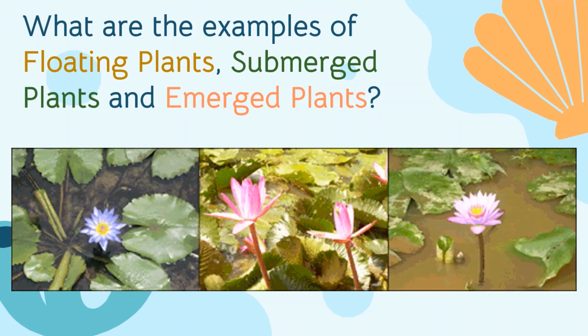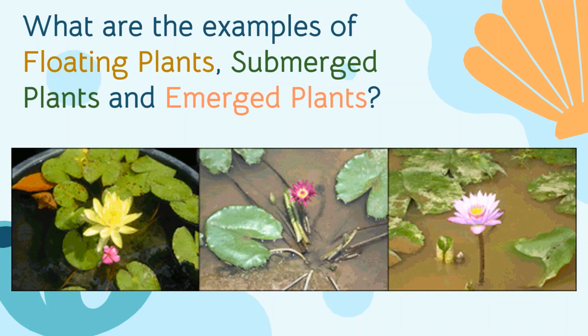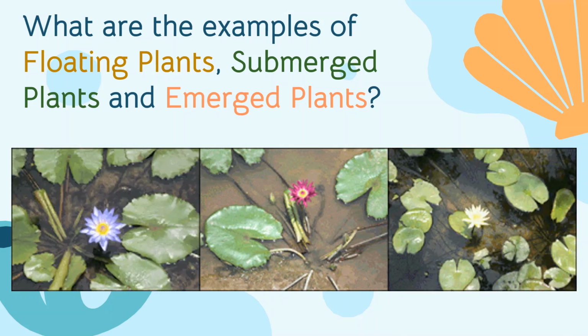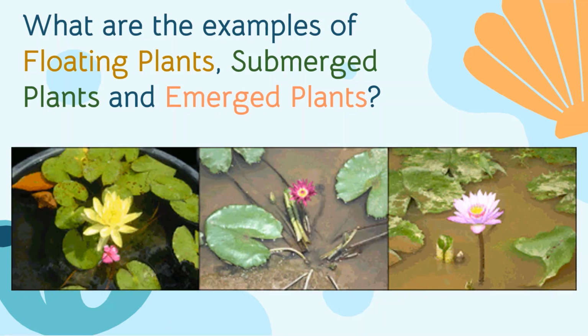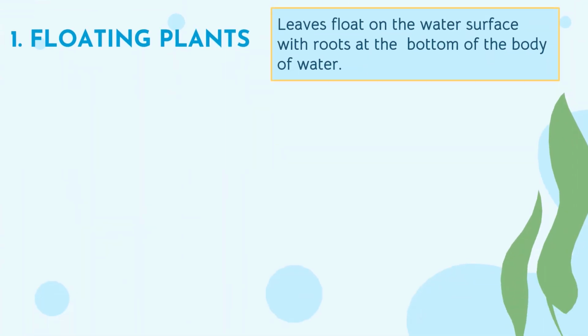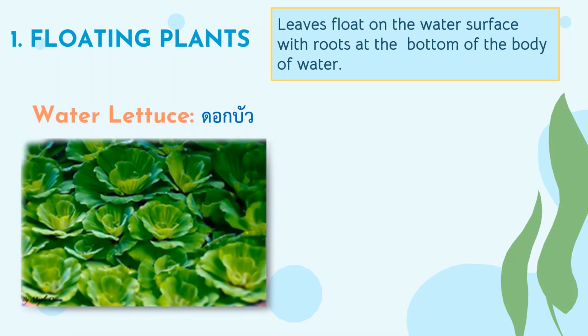What are the examples of floating plants, submerged plants, and emerged plants? The leaves of a floating plant float on the water surface with roots at the bottom of the body of water. Here are some examples. This is a water lettuce.